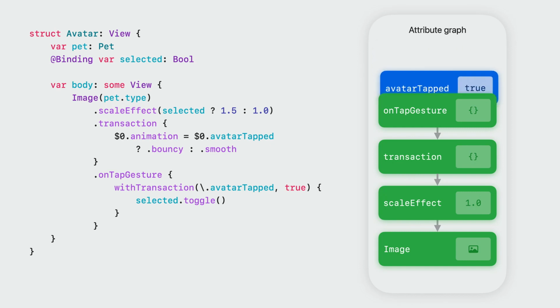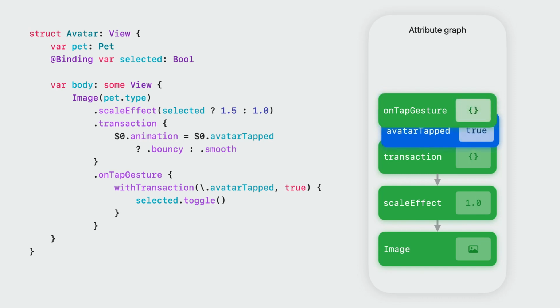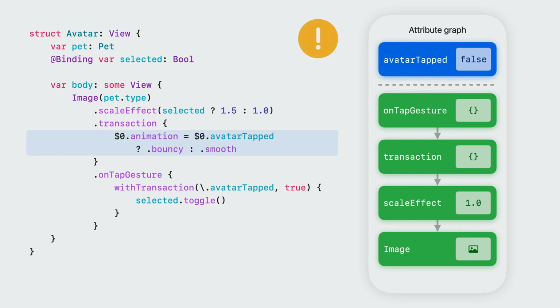The transaction propagates across the view hierarchy until it reaches the transaction modifier. Here, the avatar view reads avatar tapped, and based on its value, sets the appropriate animation, which propagates down the view hierarchy. This works pretty well, but just like earlier, it can result in accidental animations.